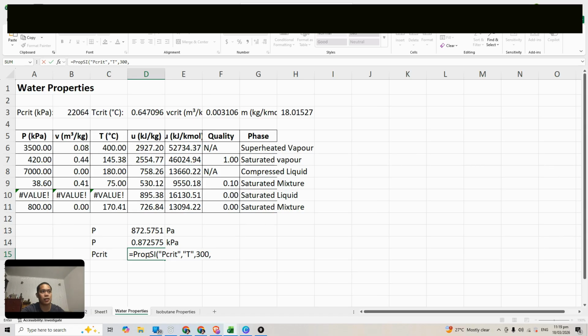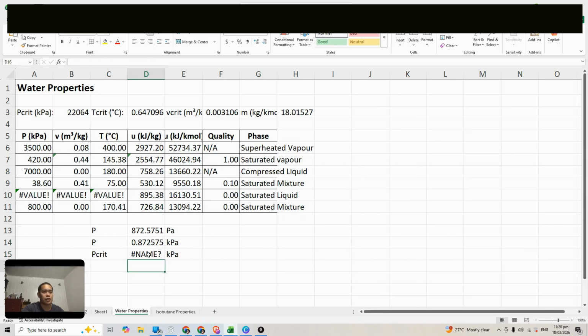Then let's say we have a Q or quality of water, which is, let's say that's 1, since it's in its vapor form. Then comma water, because different chemicals or different substances have their own different critical points for temperature and pressure. So they're going to be giving different answers as well.